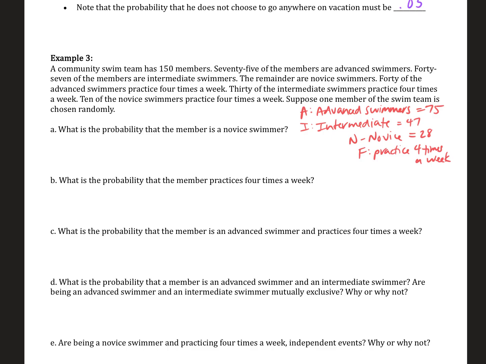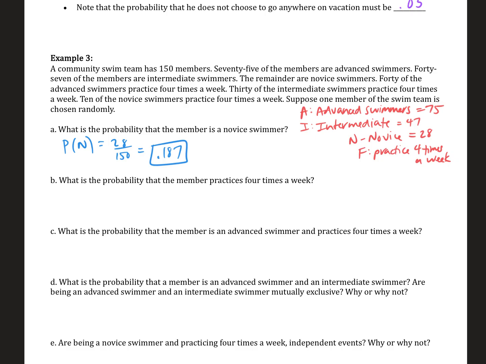So what is the probability that the member is a novice swimmer? So what is the probability of N? 28 over 150, which is 0.187. Again, either leave it as a simplified fraction or as a decimal or as a percentage. I don't care.